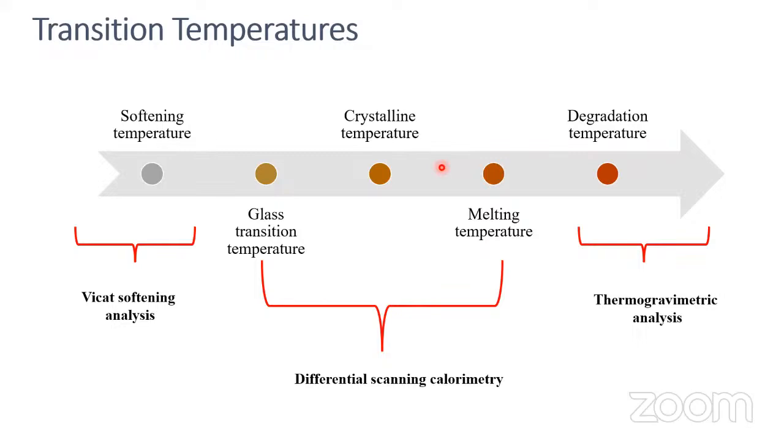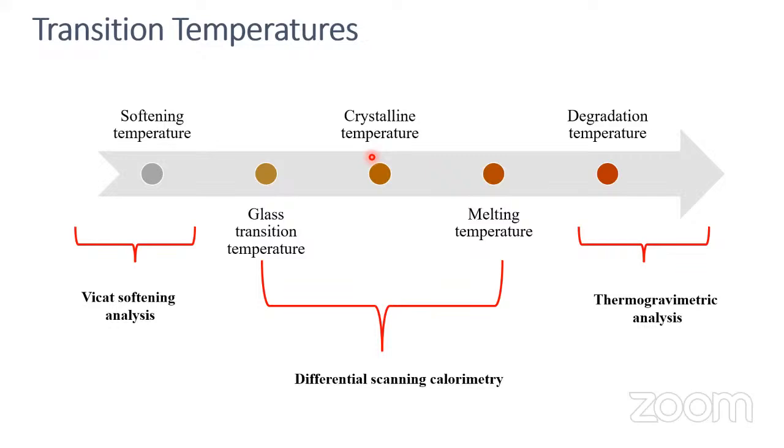Whatever the polymeric chains or macromolecules will rearrange their structure to become a solid after cooling the sample. So that temperature at which your part will become solid again, we can call the crystalline temperature.